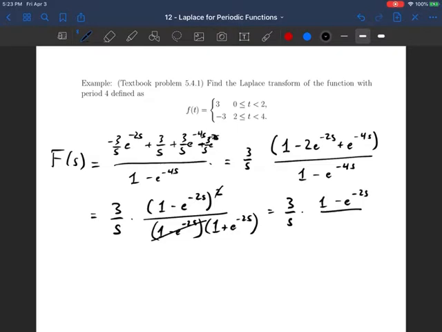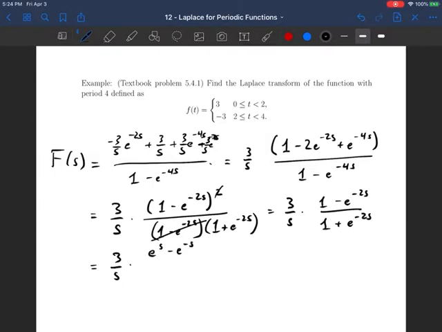Okay, so some things cancel. This guy cancels with that. We have 3 over s times 1 minus e to the minus 2s over 1 plus e to the minus 2s. And this can be further simplified or written in a different way.